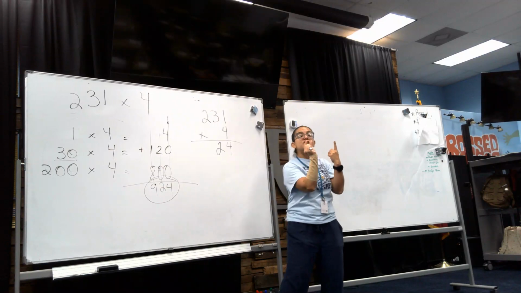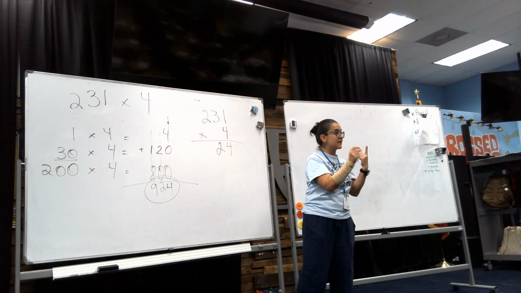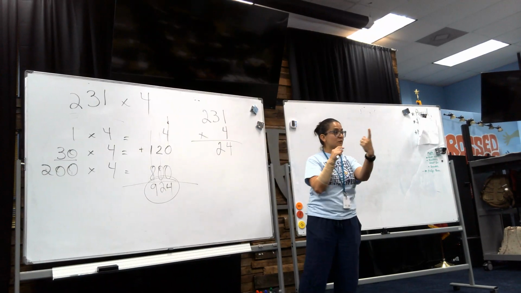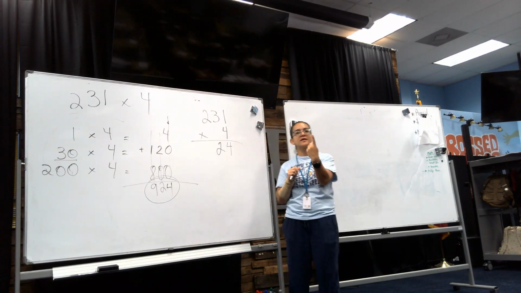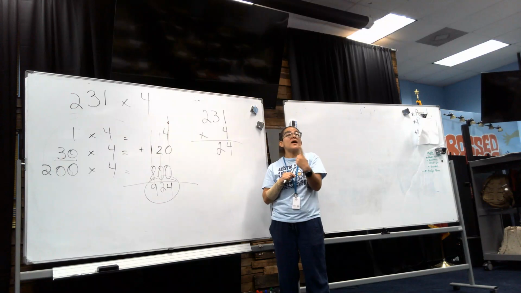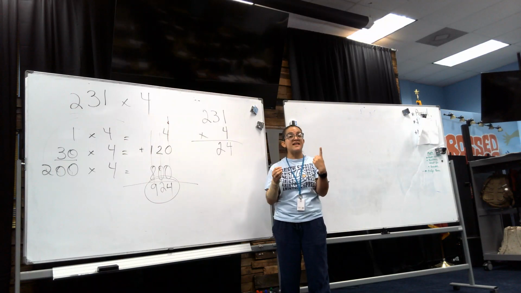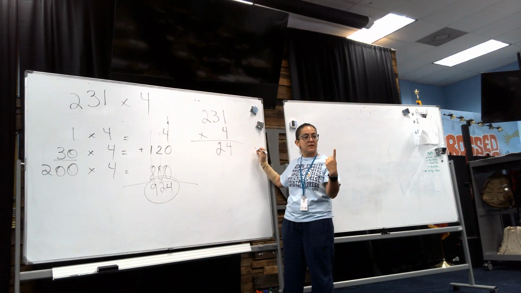Why? Because I have 12 tens, but out of those 12 tens, what? Why am I carrying a 1? Luis? But why do I carry it? I have 12 tens. What is 12 tens? Gracie? 120.